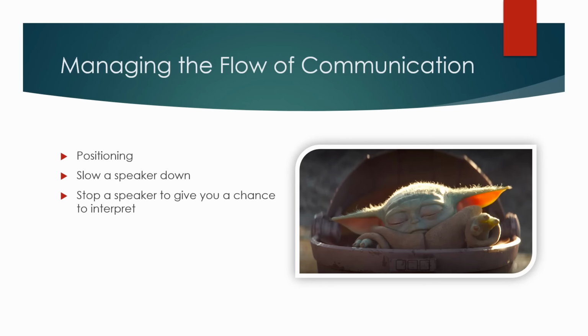Also, stopping a speaker to give you a chance to interpret. Sometimes patients and providers tend to ramble on and on. And while this can be mitigated in part by a thorough pre-session, sometimes we have to pop back in and remind all parties that, hey, you need to give the interpreter a chance to interpret.